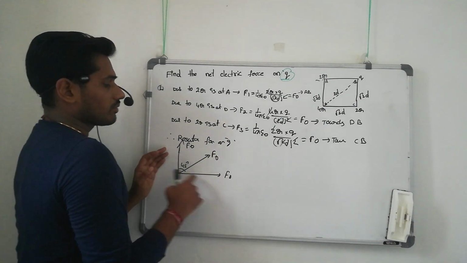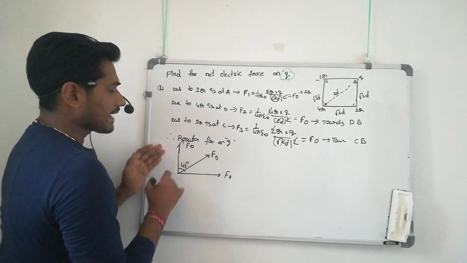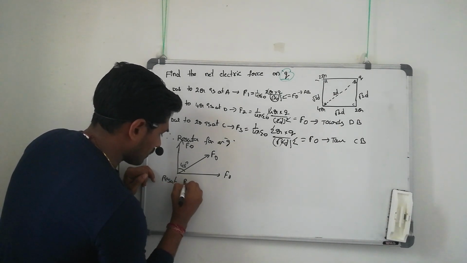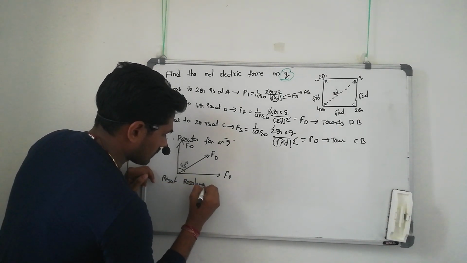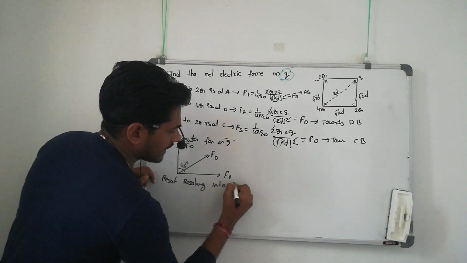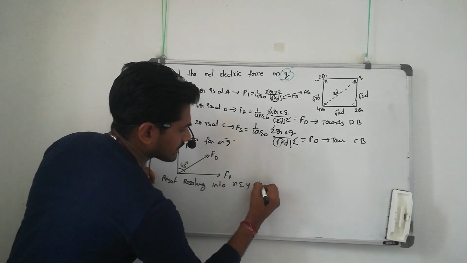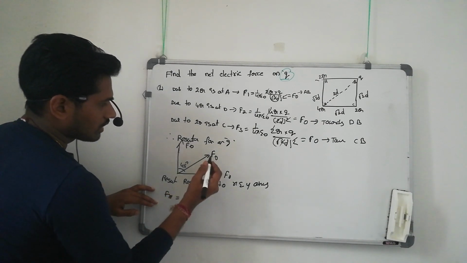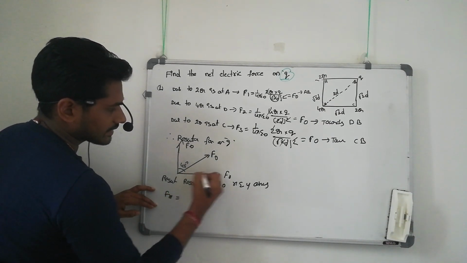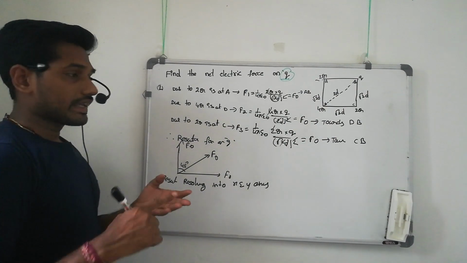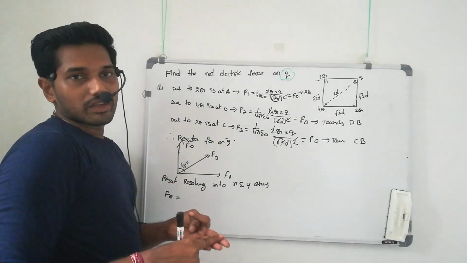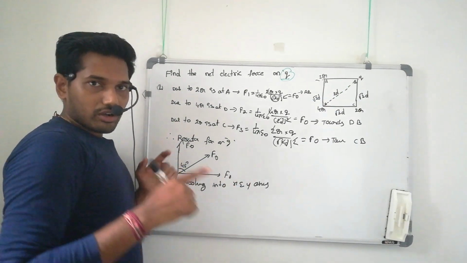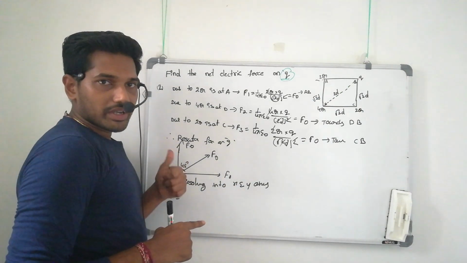Resolving the resultant into X and Y axis. On the X axis, Fx is equal to, in the rectangle, X direction will be cos theta and Y will be sin theta. Because the horizontal angle is mentioned by cos theta, the vertical angle is mentioned with sin theta.